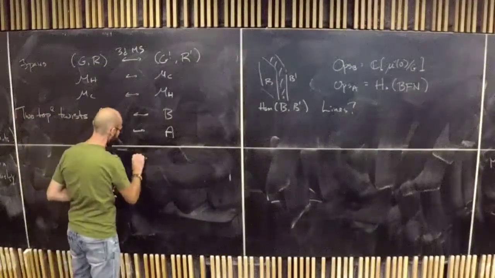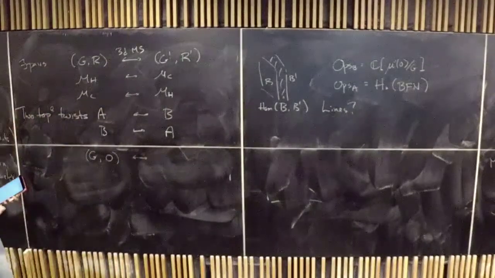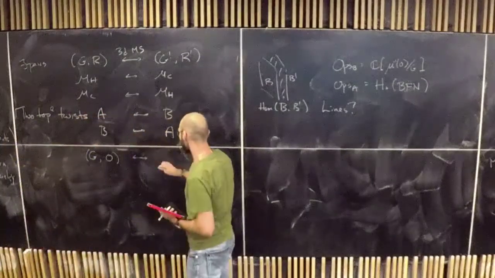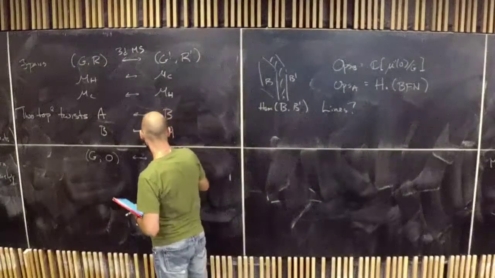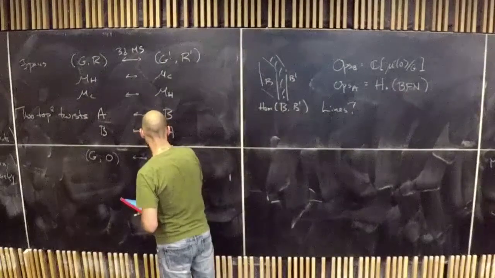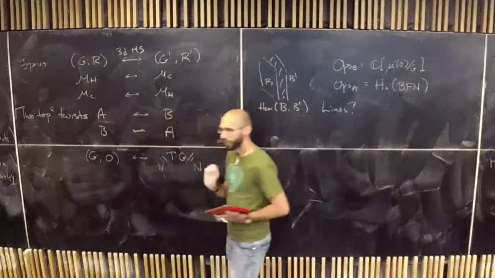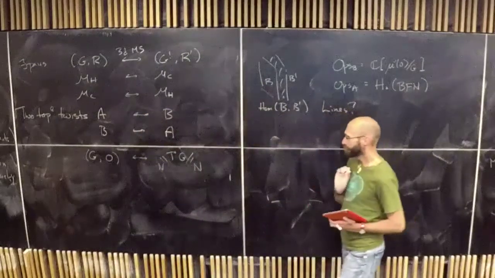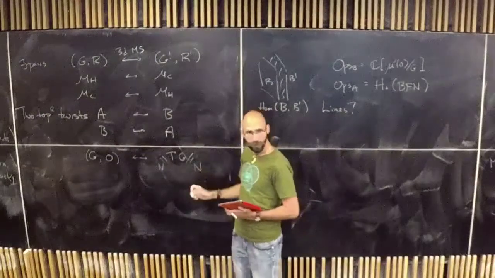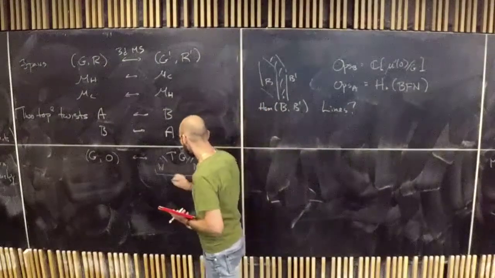There is a putative mirror of this, as in Konstantin's work, which is a sigma model onto this double N reduction. This is not a gauge theory in the sense that I described, and is not reductive. This is a smooth space.